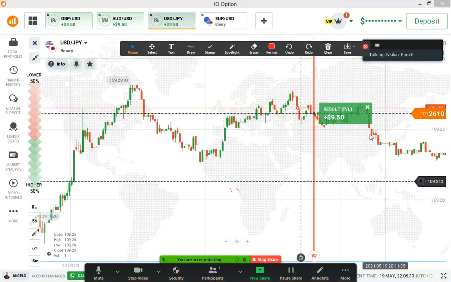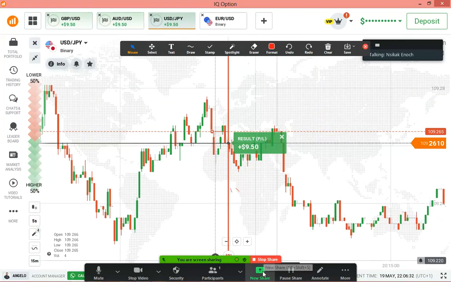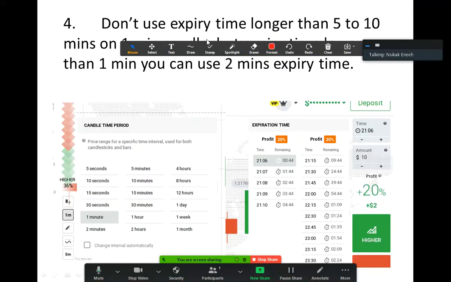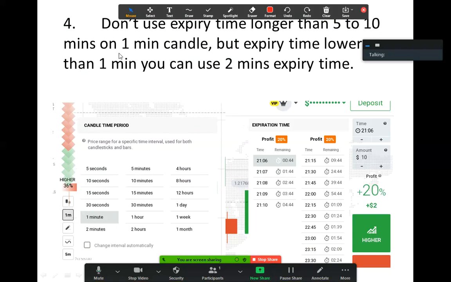That is why I say don't use an expiry time longer than 5 to 10 minutes on a 1 minute candle. If you have to use 5, 10, 15, 30 seconds, you can use an expiry time up to 2 minutes, no more than that. But 1 minute is safer than 2 minutes.